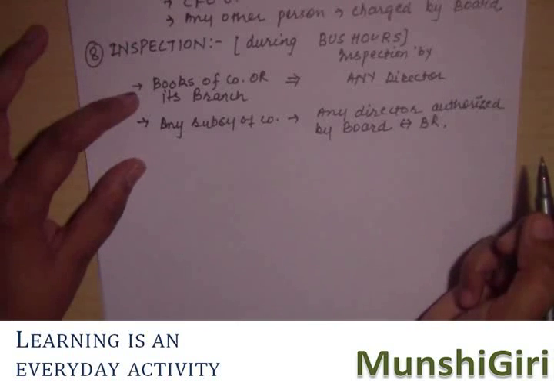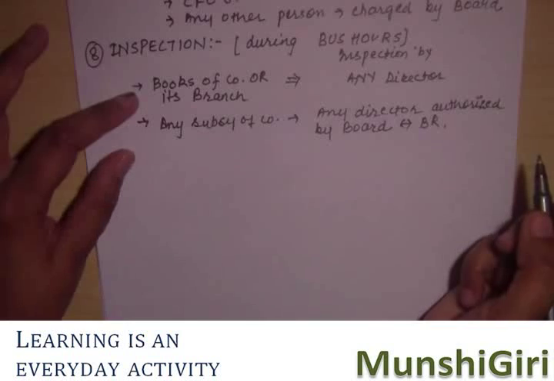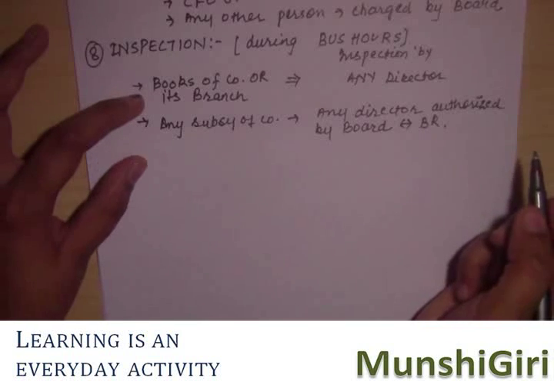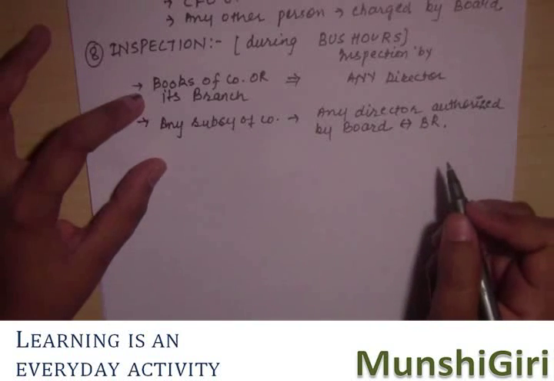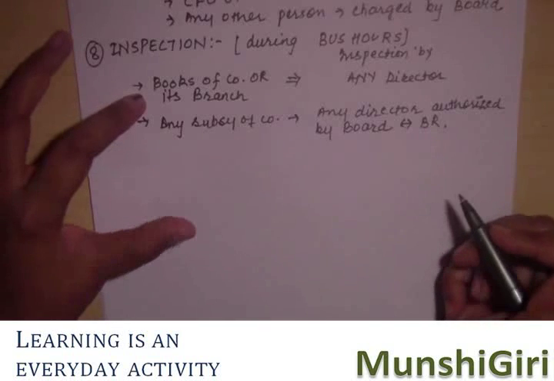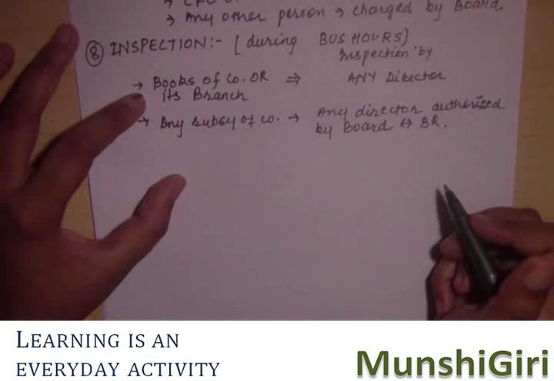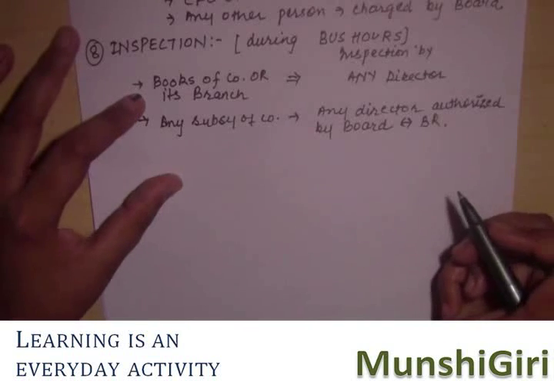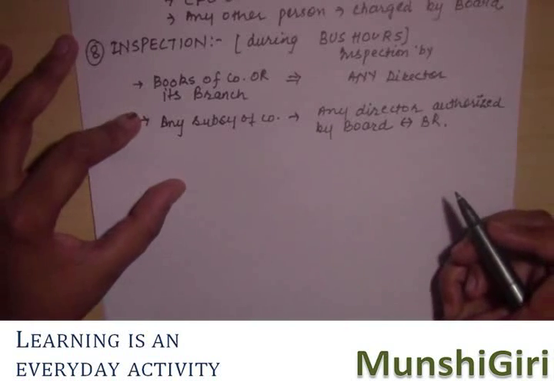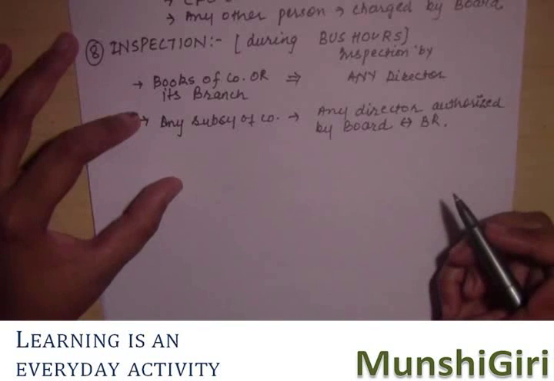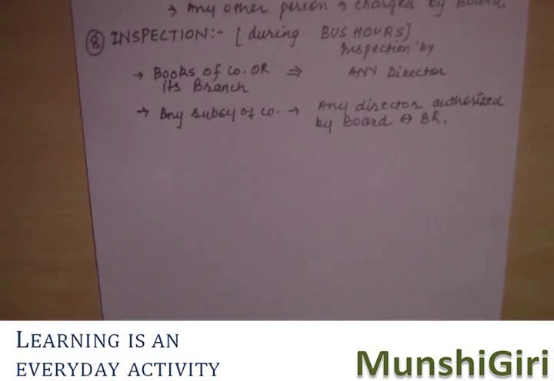That is, in case a director wants to inspect the books of account of the company or its branch, he does not need authorization by the board of directors, or no board resolution is to be passed for the same purpose. However, in case of a subsidiary company, the director needs authorization by the board in case he wants to inspect the books of accounts.